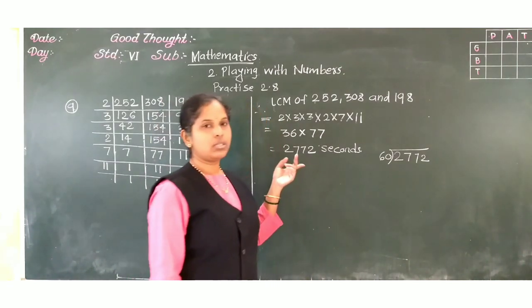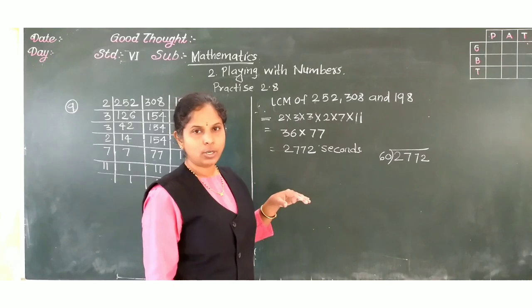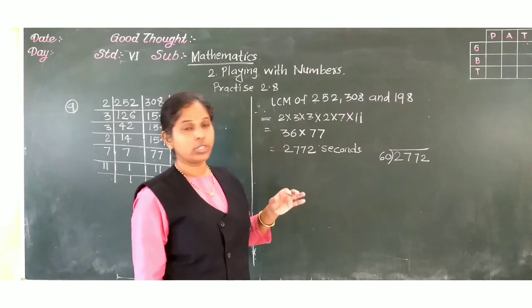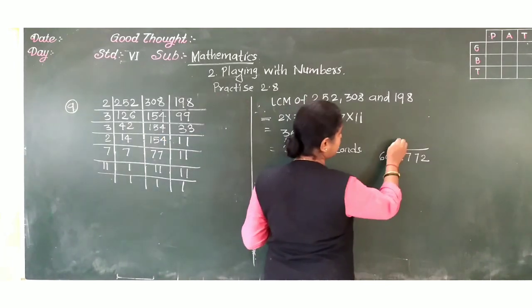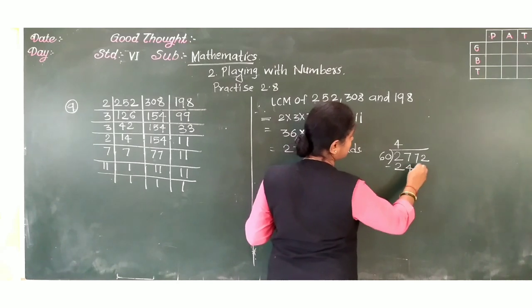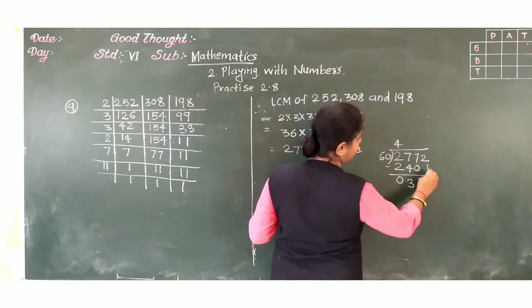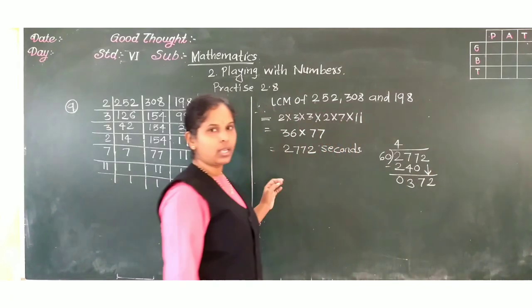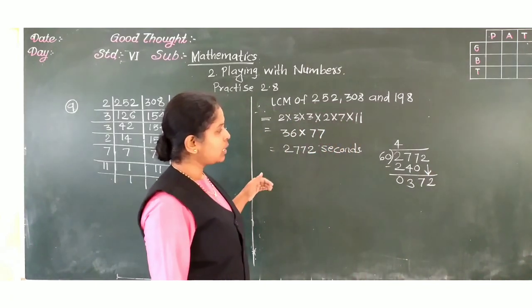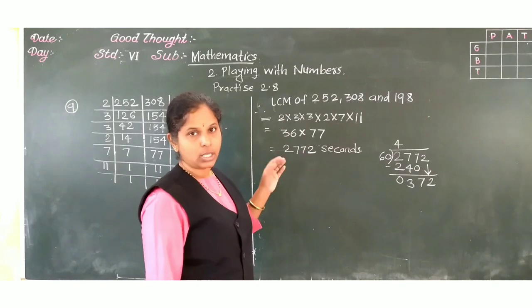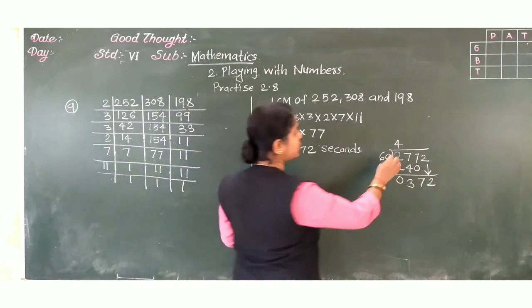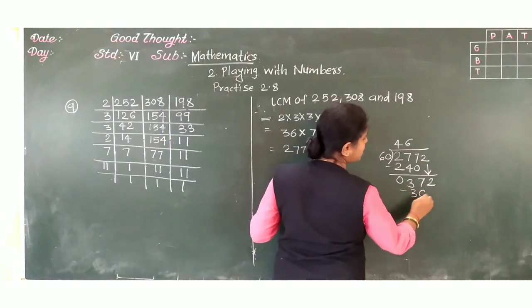Now 6 4s are 24. So 6 4s are 240. Like this we should take this 2 down. Okay, and 6 6s are 36. So 6 6s are 360.